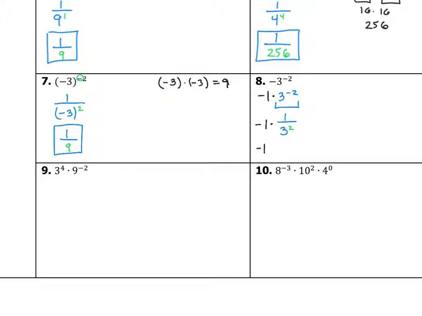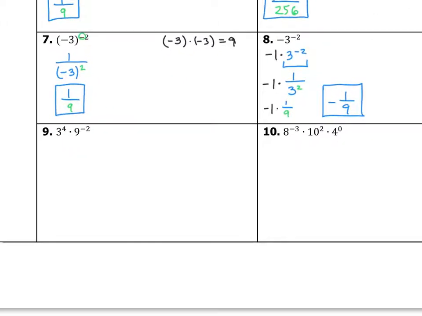So now I have negative 1 times 1/9. And so here you get an answer of negative 1/9. So it's important for you to see the difference because that will come up on your problem sets and on tests and quizzes. Okay, number 7 you get positive 1/9, number 8 you get negative 1/9.